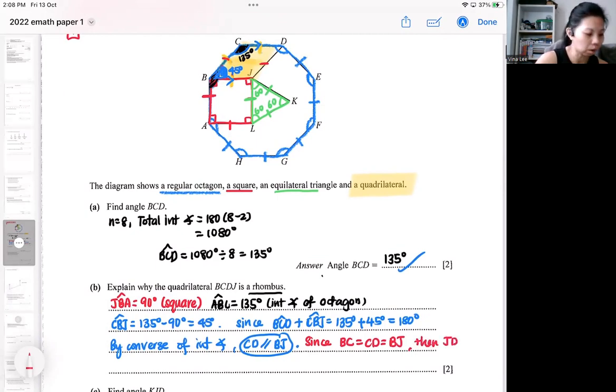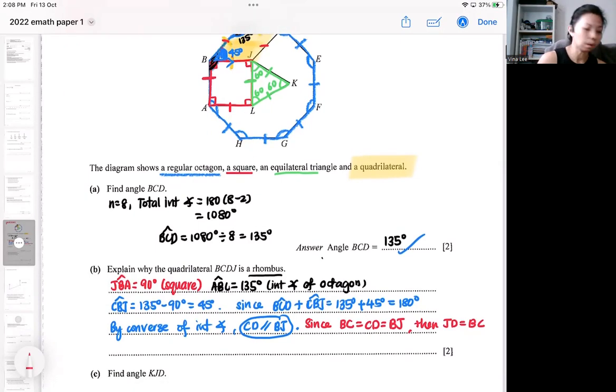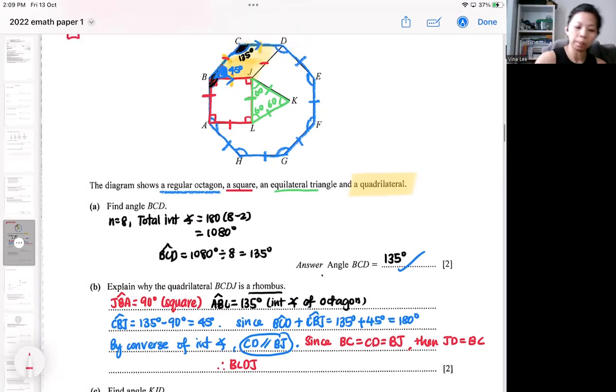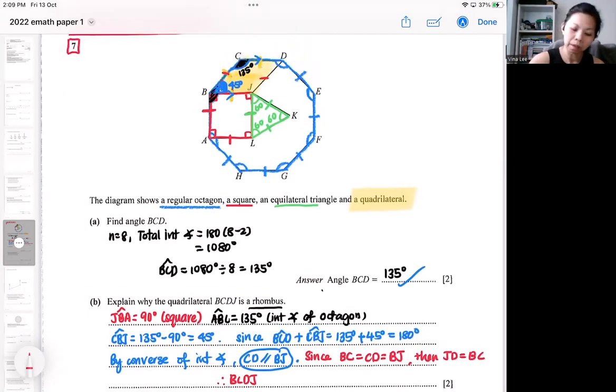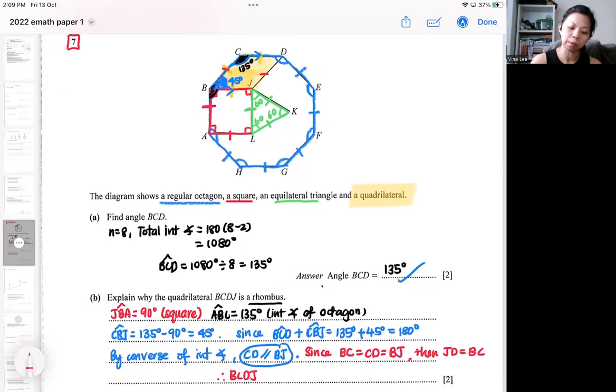So right now I got all the same length and I got the parallel line. So then that will be sufficient to prove that it is a rhombus. So I'm proving the two features, the opposite pair, and because all are the same length, they will be parallel and then it fits the property of a rhombus.